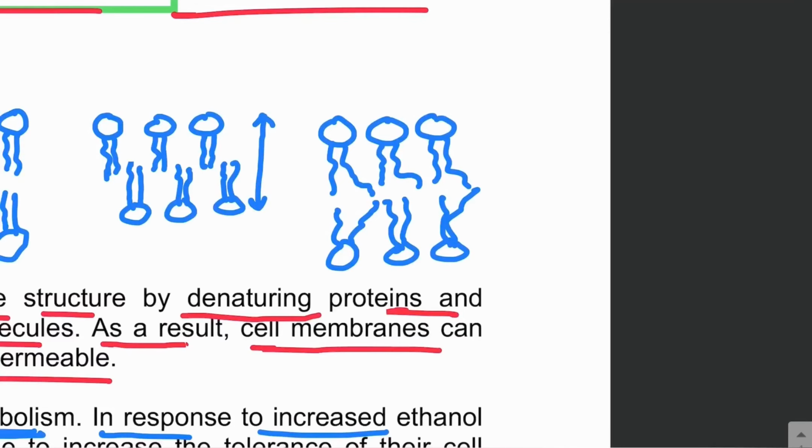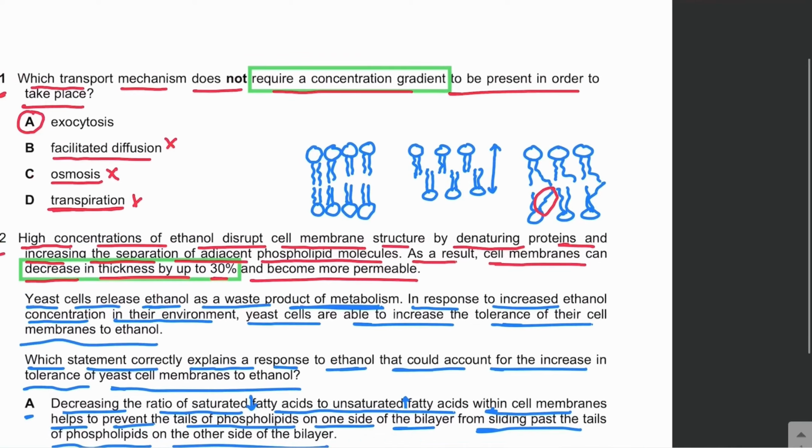If tails are unsaturated, they will be kinky, and it's difficult for them to slide past one another. For example, if this tail is kinky, it will not be able to slide over this tail, right? And this will not reduce the thickness of the membrane and the permeability of the membrane, right?